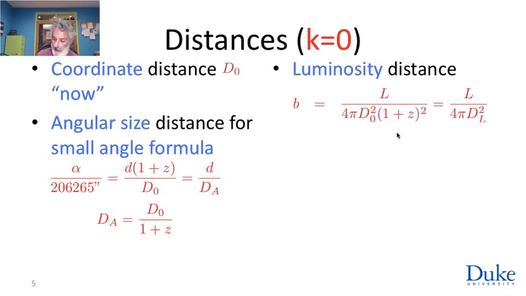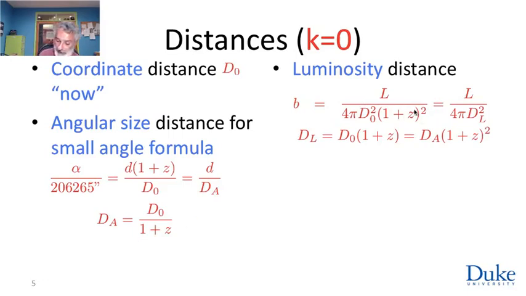And so I have 2 different definitions of distance that agree, of course. They're both d0 at small distance, but the luminosity distance is d0 times 1 plus z, because its square is d0 times 1 plus z squared, and the angular size distance is d0 divided by 1 plus z.